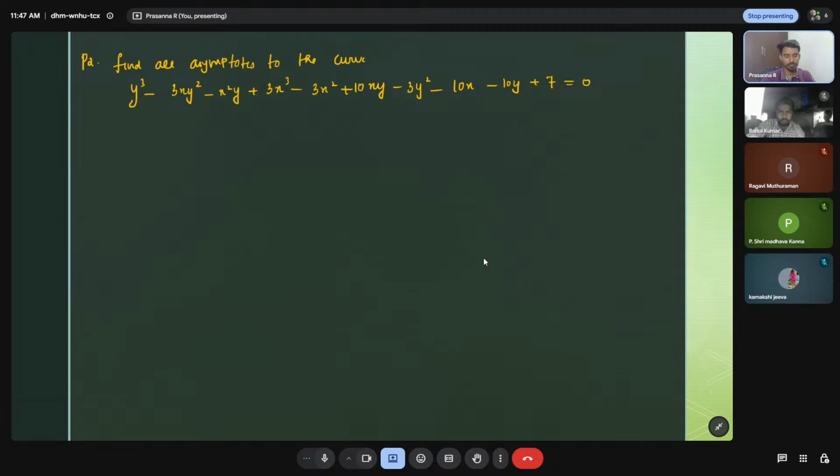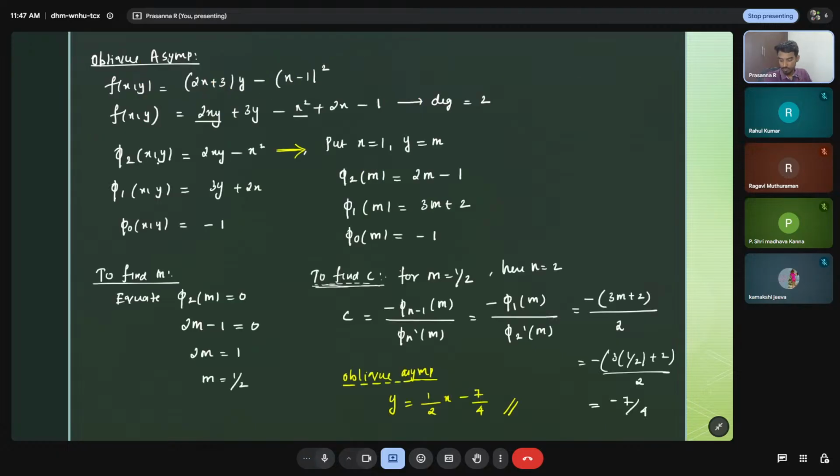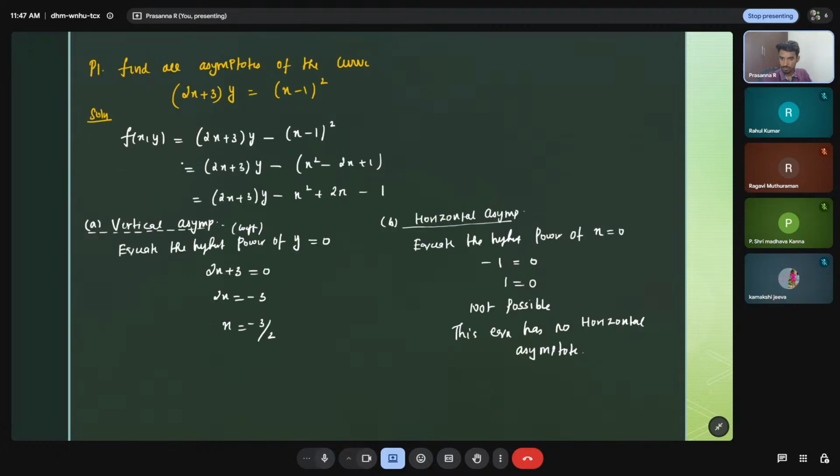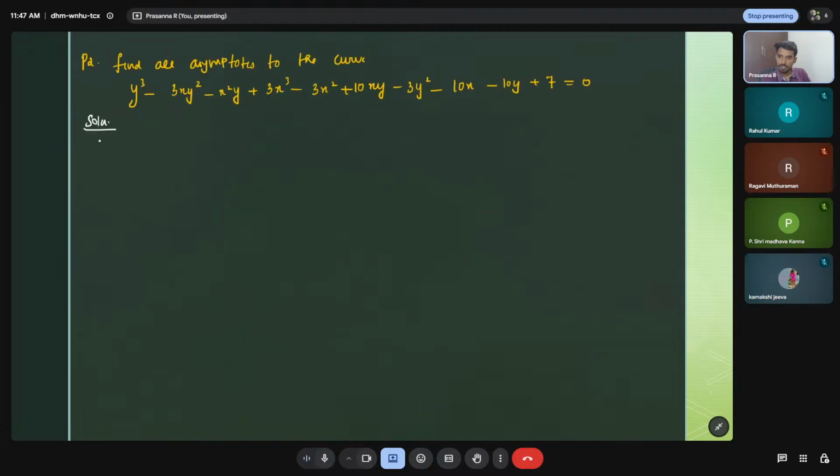Okay. So we need to find all asymptotes to the curve y cube minus 3xy square minus x square y plus 3x cube, and so on. First we will find all vertical asymptotes, and then we will find all horizontal asymptotes.